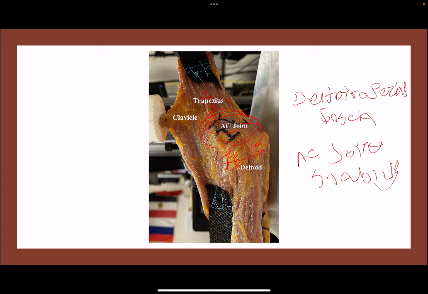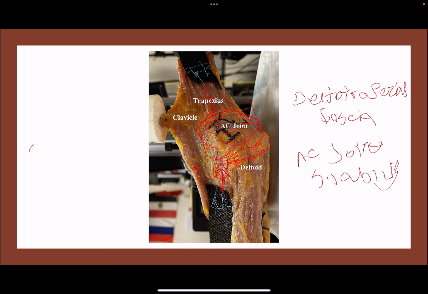This is a picture of a cadaver, and the fascia is differentiated from the flesh, which is in red, while the fascia is in yellow. It covers the AC joint, attaching the clavicle to the acromion, and transmits forces from the deltoid and trapezius, providing dynamic reinforcement.